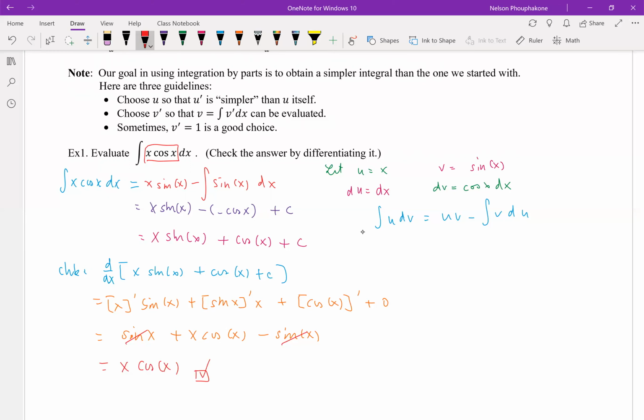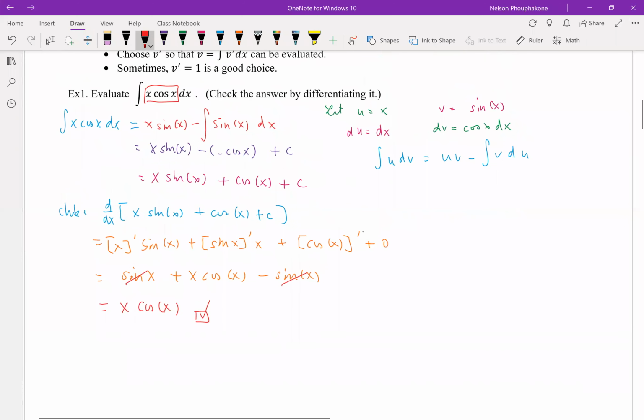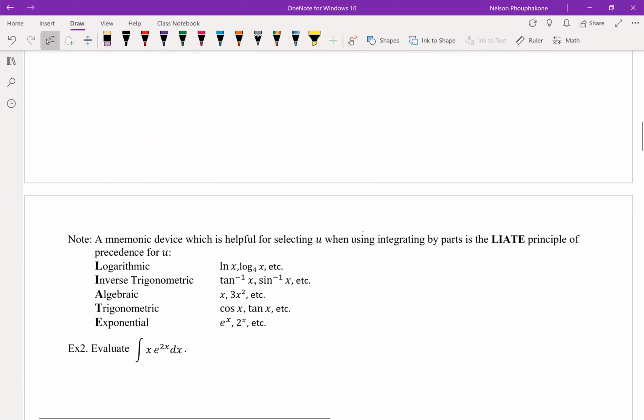Okay. So therefore, again, this is how we do integration by parts. Now, of course, sometimes it is really hard to know which one to assign to u, and which one is the v, right? Now, here is a way to do this.